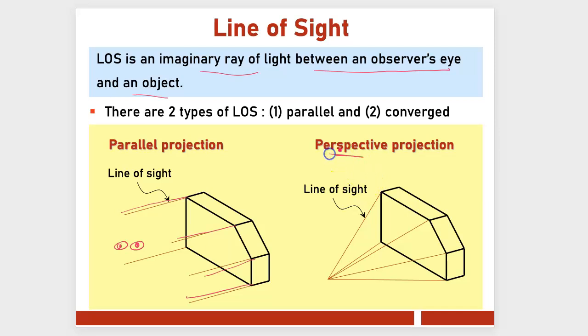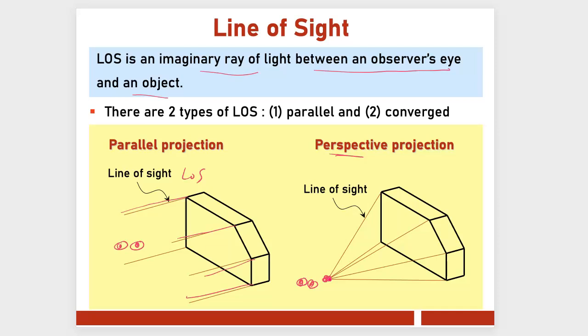But in perspective, the line of sight actually converges into a point. Now, again, parallel projection, the line of sight, LOS, is parallel or actually straight. It does not converge. And for perspective projection, the line of sight converges into a single dot.